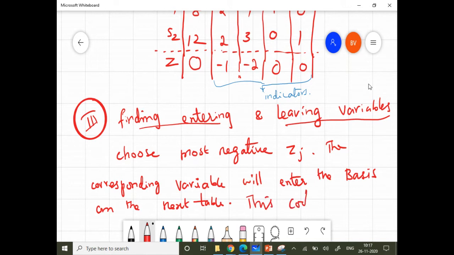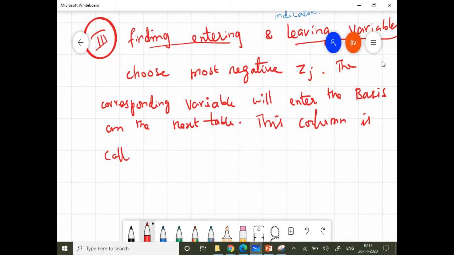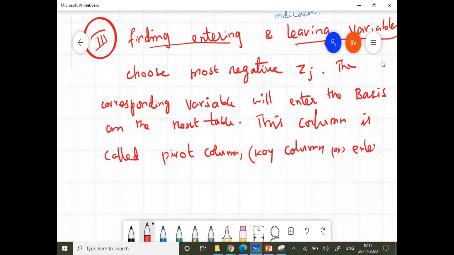This column is called the pivot column, or key column, or entering variable column.